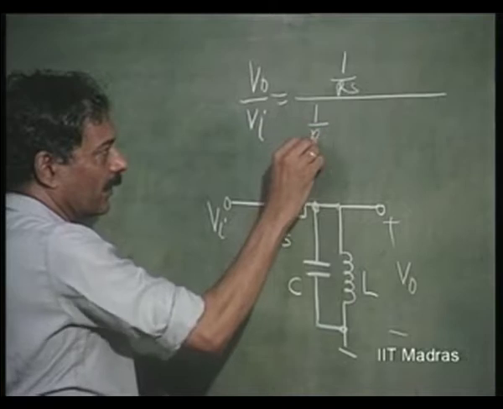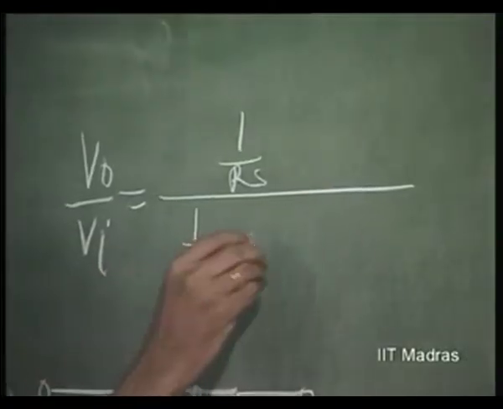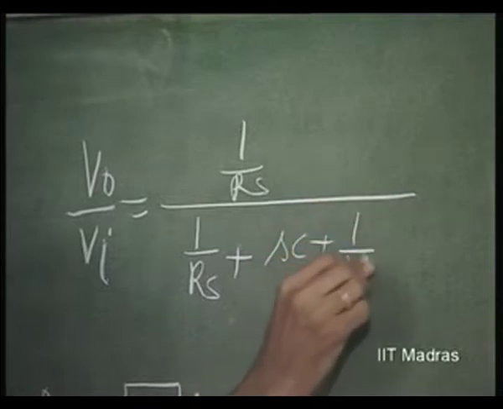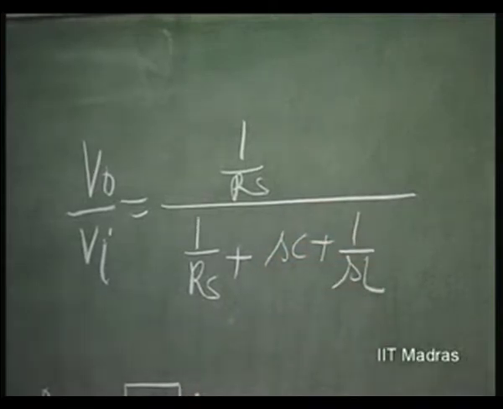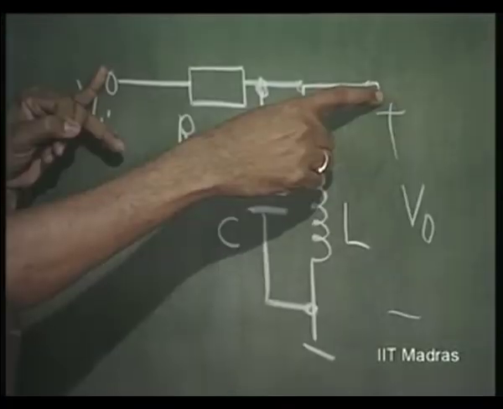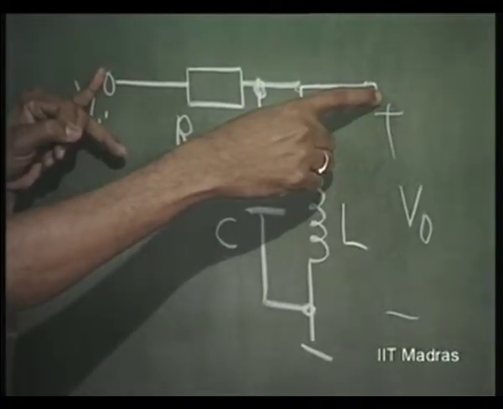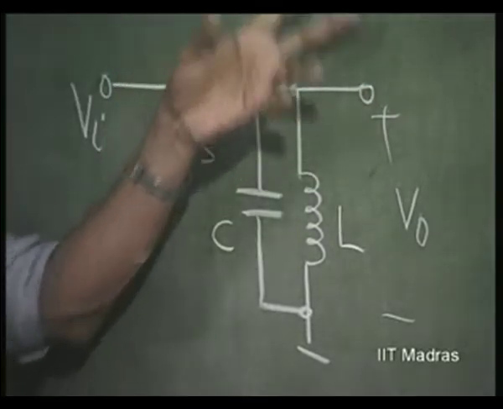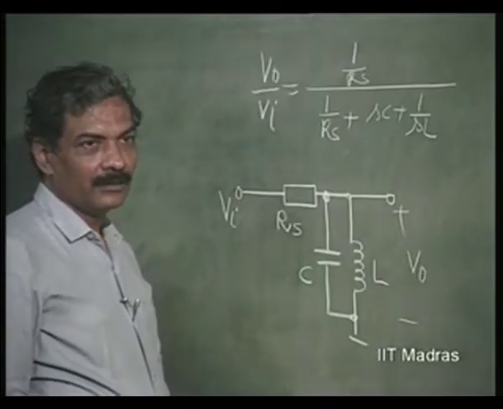So, 1 over Rs plus Sc plus 1 over Sl. This is the transfer function, an easy way of writing. The conductance or admittance linking the source with the output divided by the summation of all admittances.